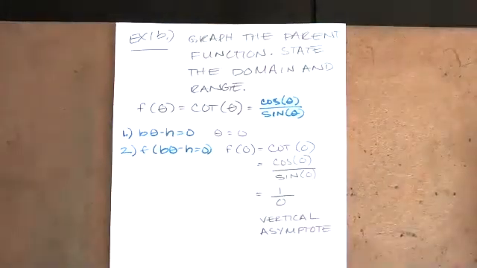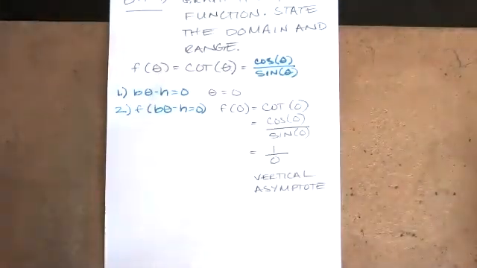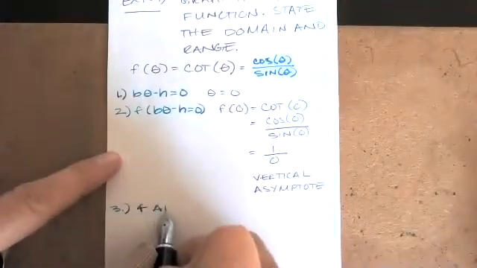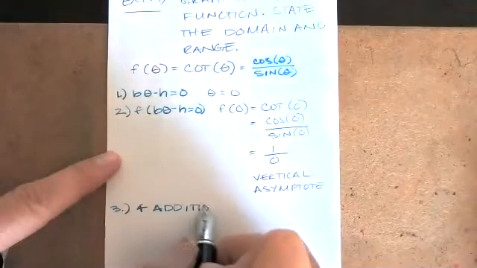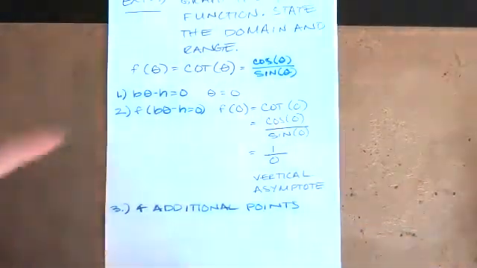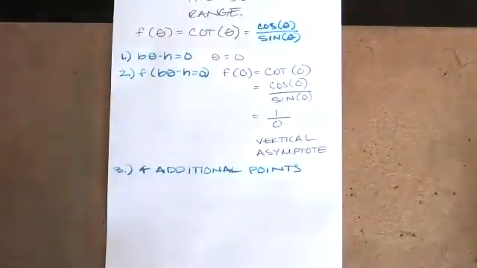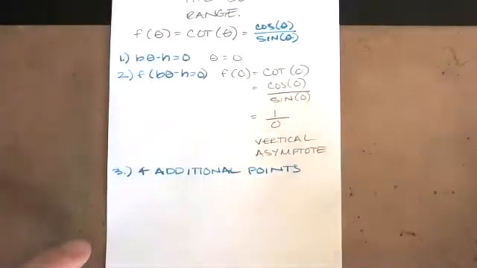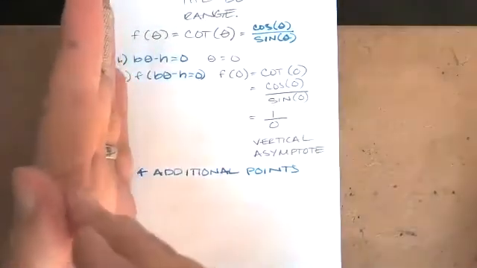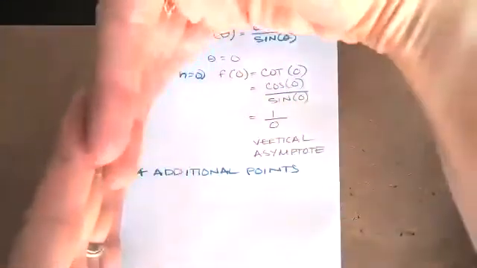So if we're good there, our third step is to come up with 4 additional points. Now for the tangent function, we went from negative pi over 2, negative pi over 4, 0, pi over 4, and pi over 2.